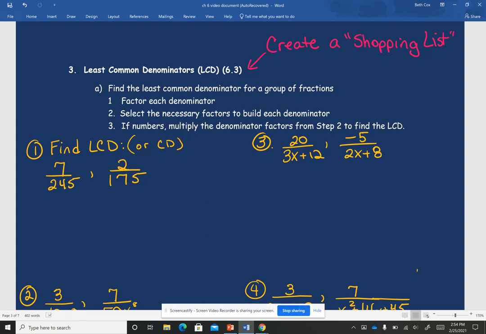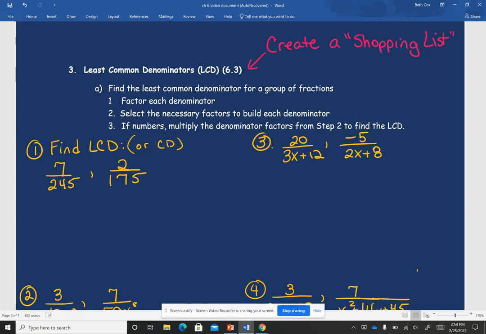And so you don't know which recipe you're going to make yet because you just don't know which one you're going to pick. You're only going to make one recipe. But because you're not sure which one you're going to pick, you're going to get 2 sticks of butter. Okay, so here we go. The shopping list.